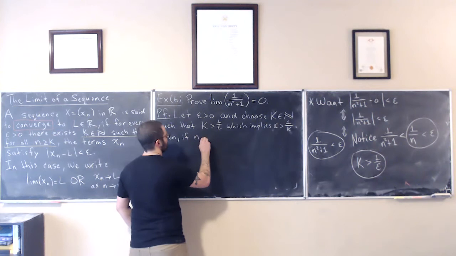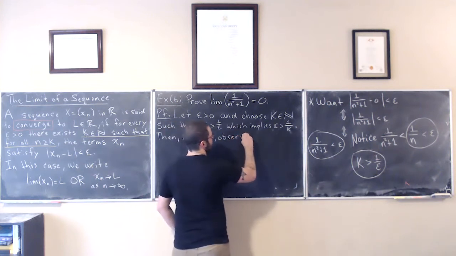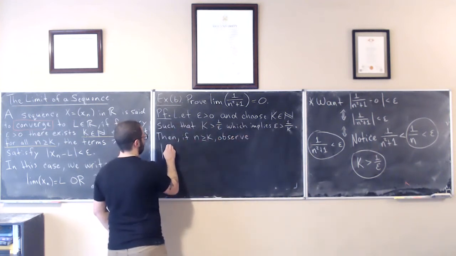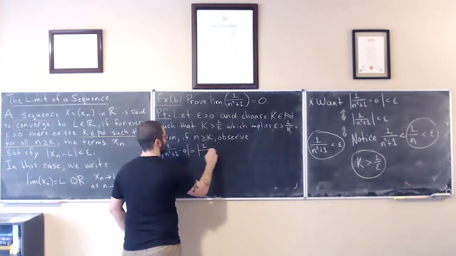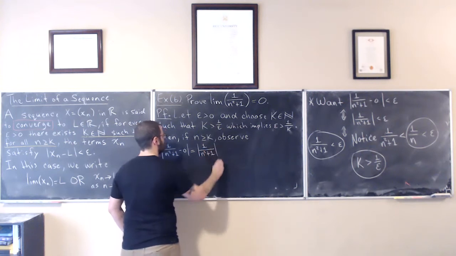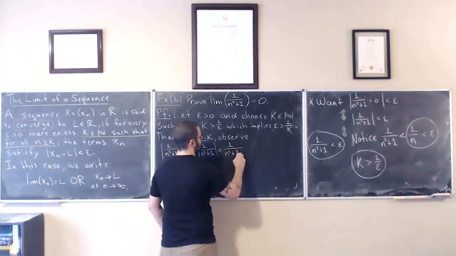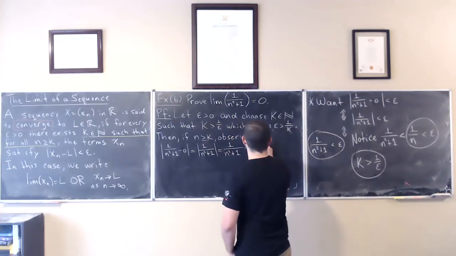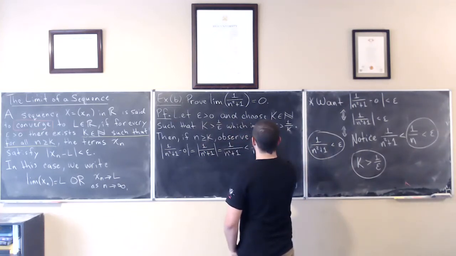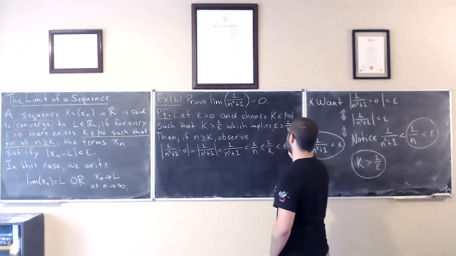So then, if n is greater than or equal to k, observe that the absolute value of 1 over n squared plus 1 minus 0, which is equal to the absolute value of 1 over n squared plus 1, which is equal to 1 over n squared plus 1, which is strictly less than 1 over n, which is less than or equal to 1 over k, which is less than epsilon.